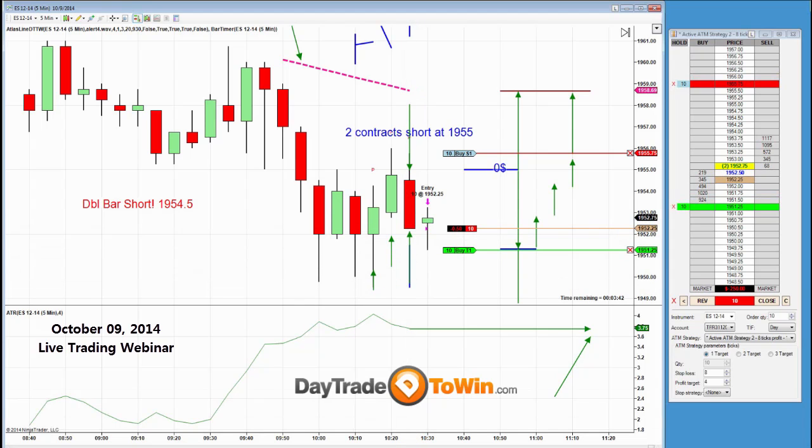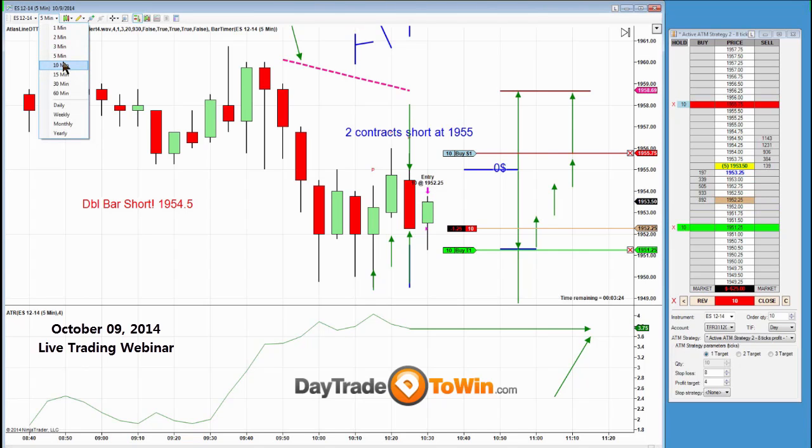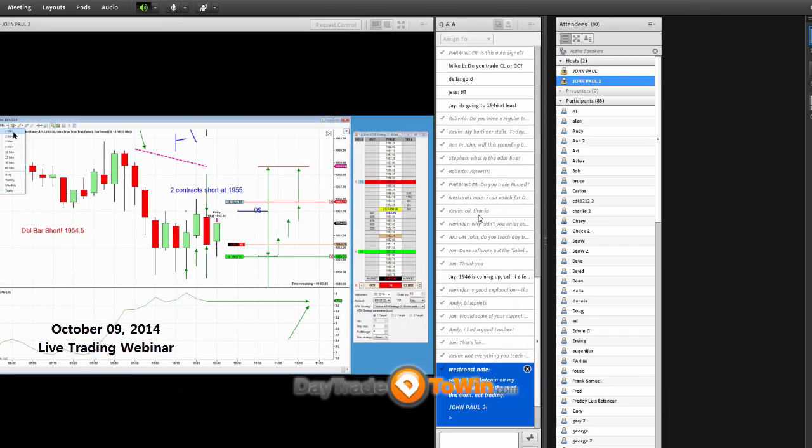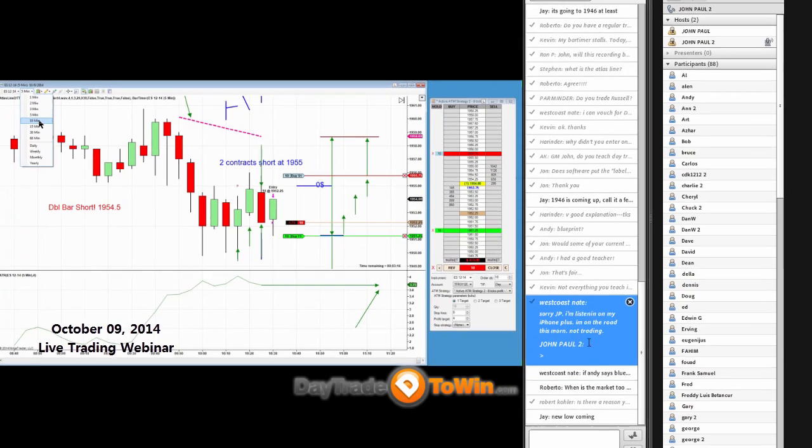I like minute charts. I specifically like the 5-minute or 15-minute, Roberto, because if you look here, each of these are divisible by 5 minutes. 5 minutes being divisible by 10, or by 15, or by 30, or by 60.